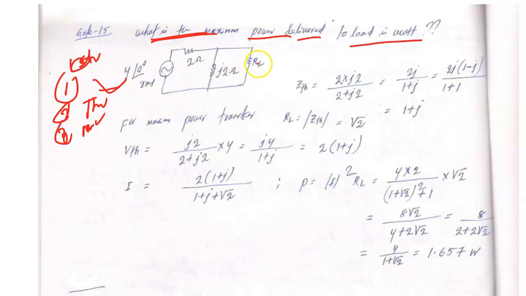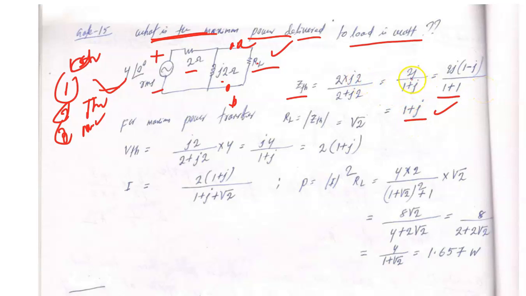So you can see that RL is purely resistive, so a special case will be used for the maximum power transfer. Before that, we have to disconnect the load and apply the Thevenin AC analysis. So we apply Thevenin's theorem at the points A and B. ZTH, as I told you, with the independent source reduced to 0, is 2 ohm parallel Z2, which gives you 1 plus J. Very simple.